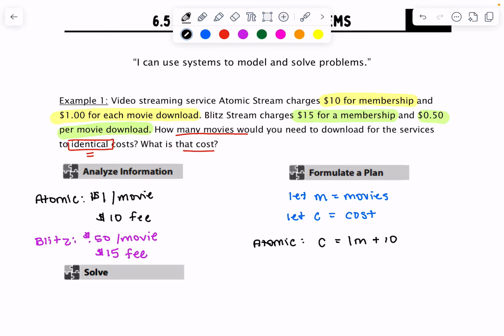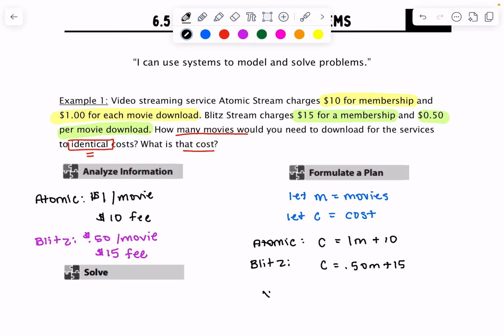And that's the hardest part, is writing this equation, right? Cost equaling that $1 per movie plus the $10 fee. I took away the dollar signs, I took away the words movie and fee, and I replaced them with C and M. I can do the same thing with Blitz. I can say that for Blitz, the cost is equal to 50 cents per movie plus a $15 fee.